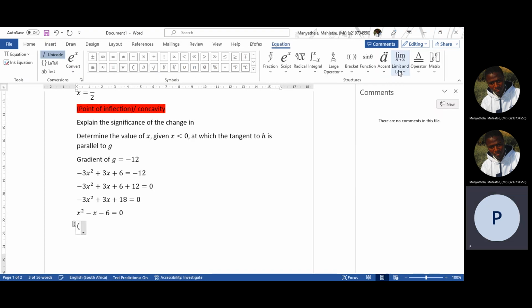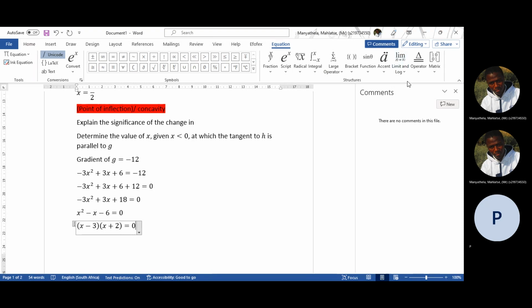The factors of x squared is x and x. Minus 3 plus 2 is minus 1. Okay, meaning that we're going to use 3 and 2. So we have x minus 3 into x plus 2.